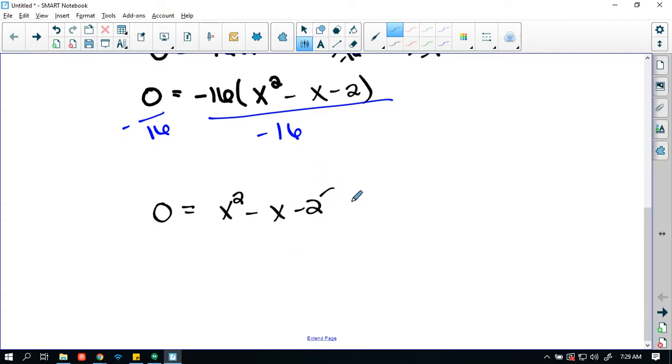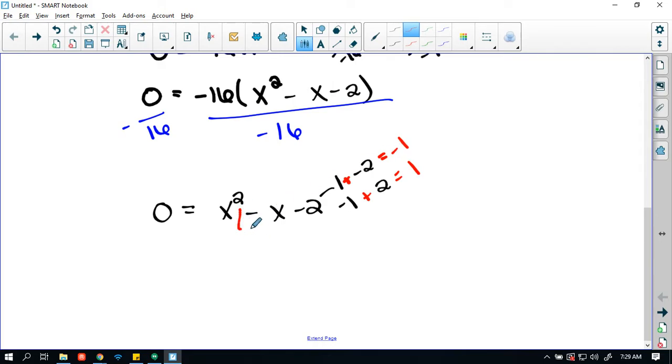Again, I'm going to look at two numbers that multiply to give me negative 2. Well, we have 1 and negative 2, and we have negative 1 and 2. I'm going to add these going across. So 1 minus 2 is equal to negative 1. Negative 1 plus 2 is equal to 1.